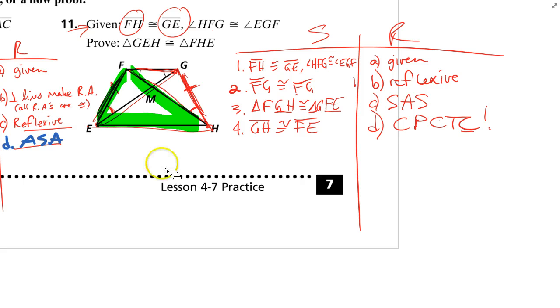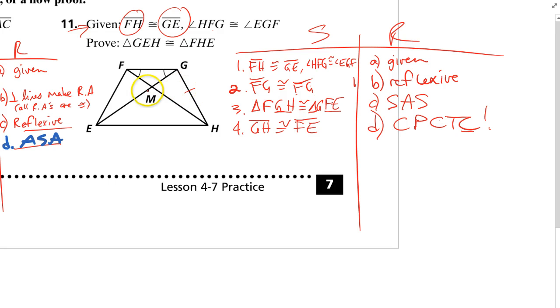Well, let me see. What have I got so far for my big triangles? I've got this side congruent to this side from CPCTC. And, oh, look at this. EH. That's another part of my big triangle. Actually, it's a common side. So we're going to do some more reflexive property. EH congruent to HE. Look at that. I can mix it up. Reflexive.